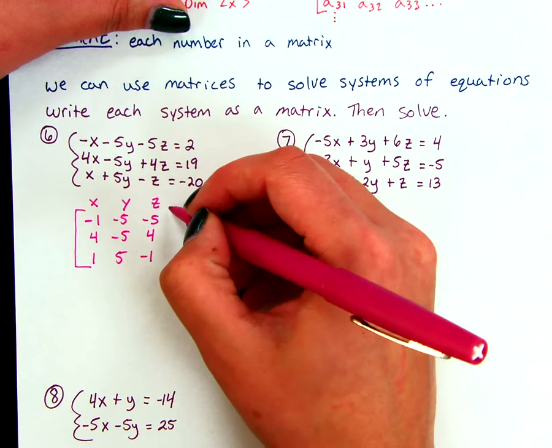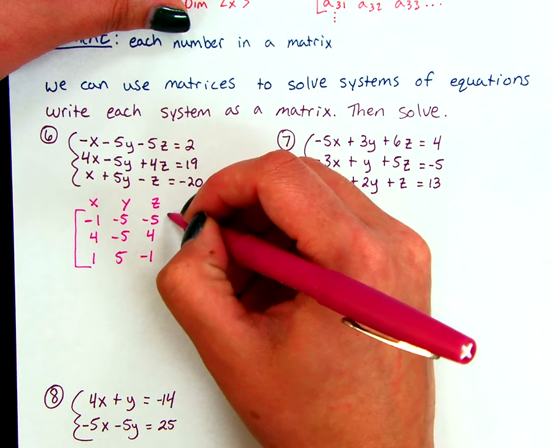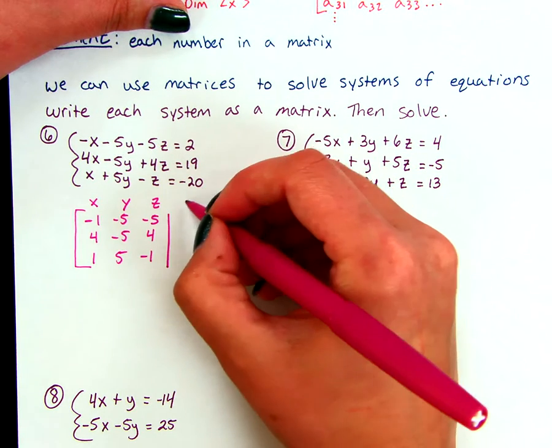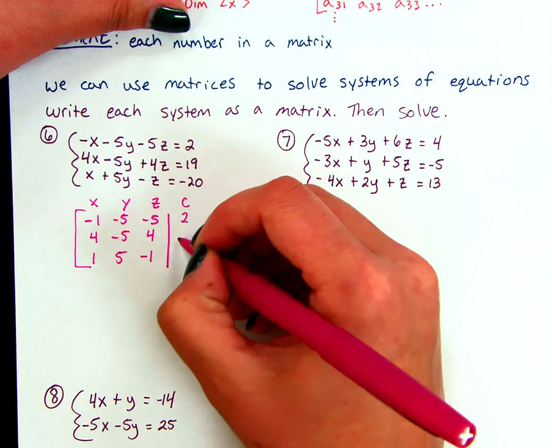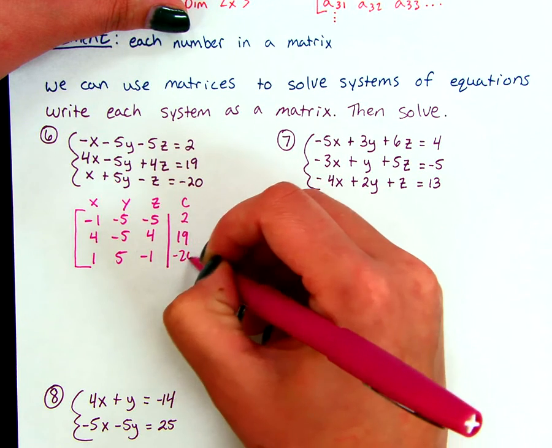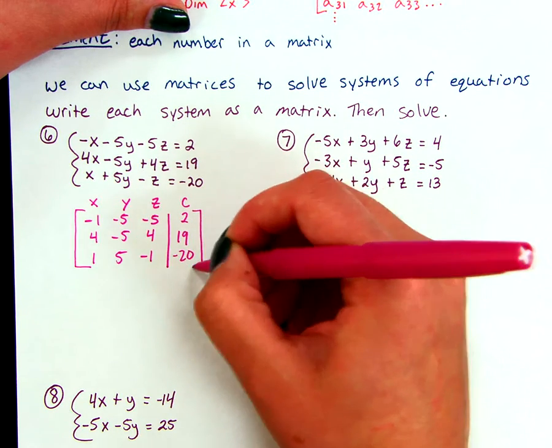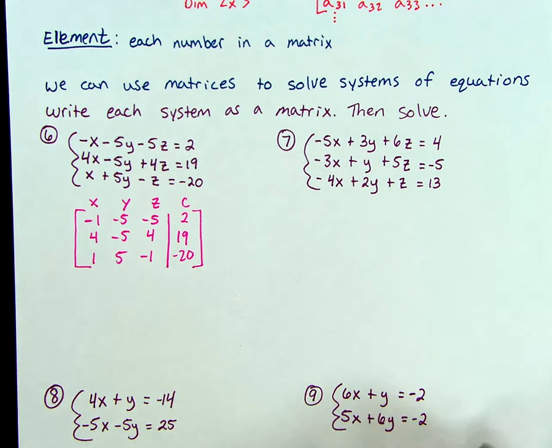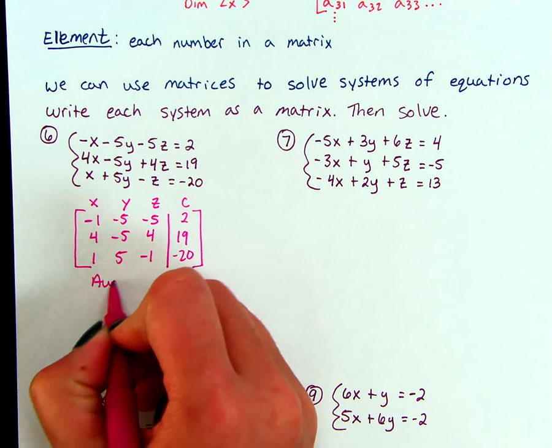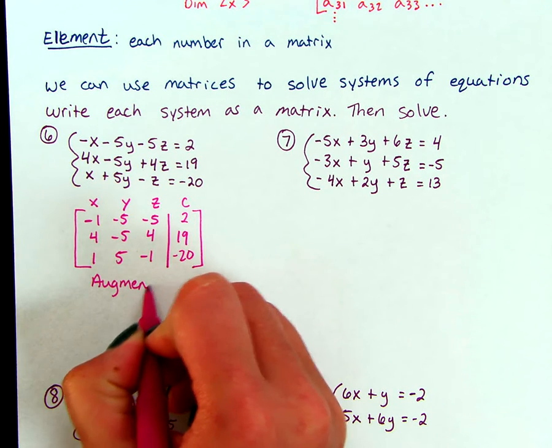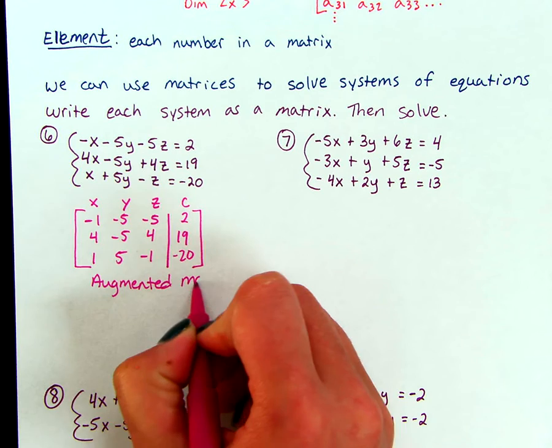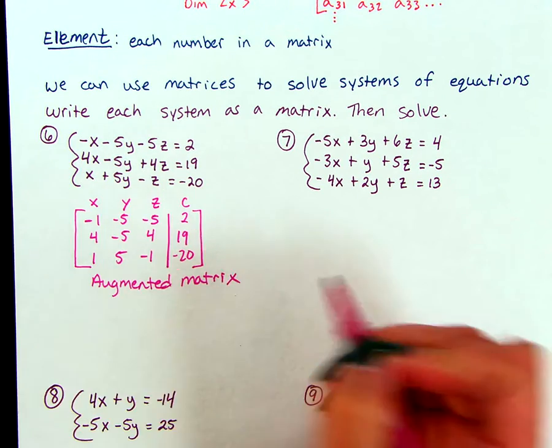I'm going to put a little bar here to separate this. And then I'm going to write my constants. So 2, 19, and -20. So when I'm looking at this, this is actually called an augmented matrix. Okay.